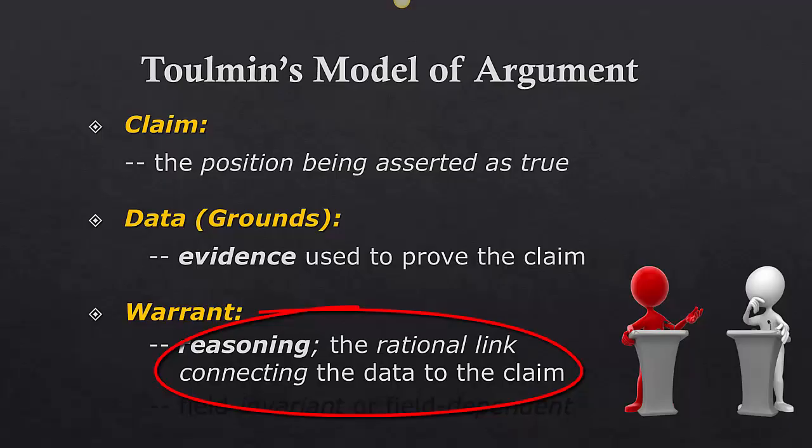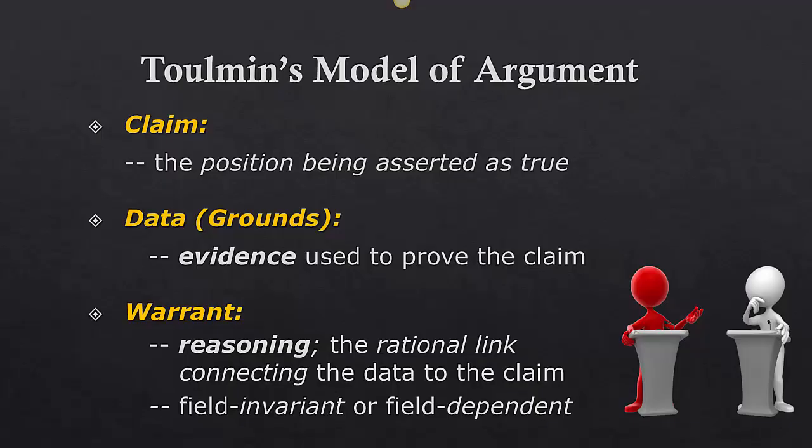And as I mentioned earlier, one of the contributions of Toulmin's theory is that this kind of reasoning, this kind of warrant that links the data to the claim, can either be field invariant, in other words, it can be a pattern of reasoning such as the use of analogies, the use of rules of thumb, the kinds of reasoning moves that most reasonable people develop over the course of living in human society.